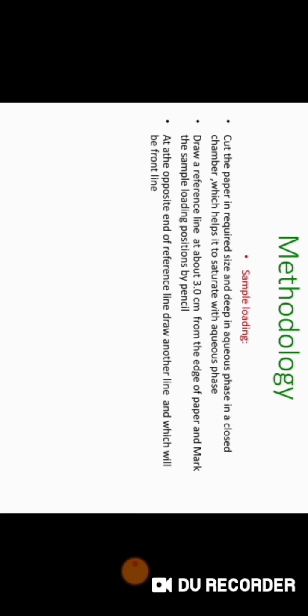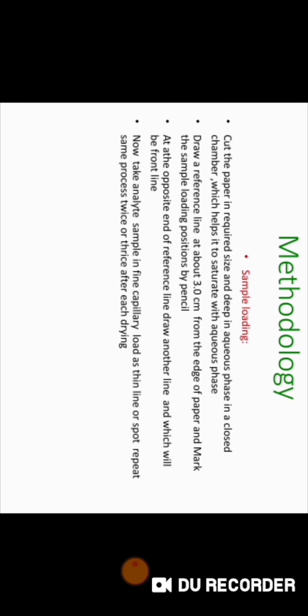After that we'll remove the paper and draw a line 3 centimeters above at one end, that will be our reference line, and one line at the top, that will be our front line. Now take the analyte in a capillary, and we load this sample by spotting. We'll spot the sample with the help of the capillary just above the reference line, and we'll carry out this activity twice or thrice. We'll allow these spots to dry, then we'll move forward.